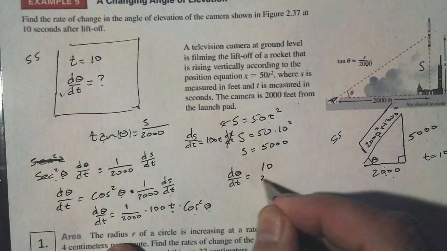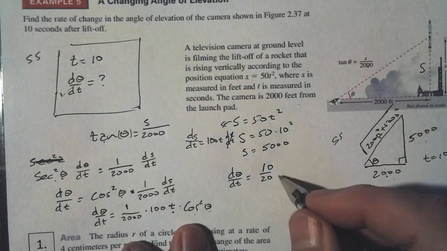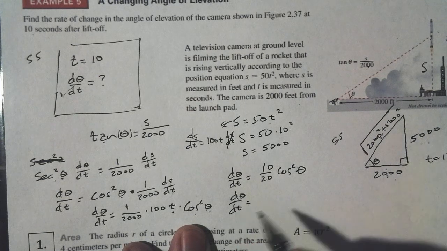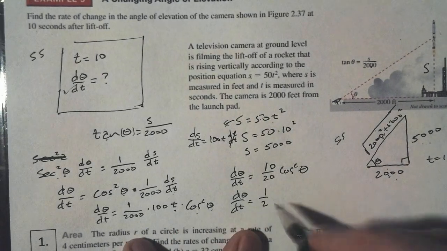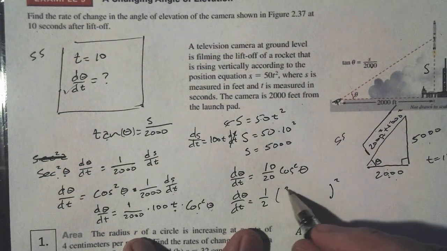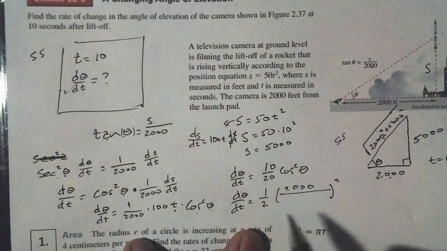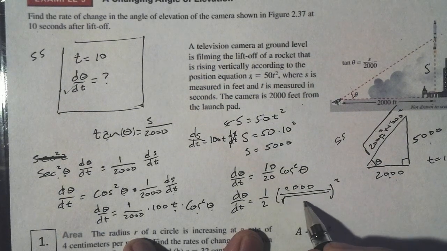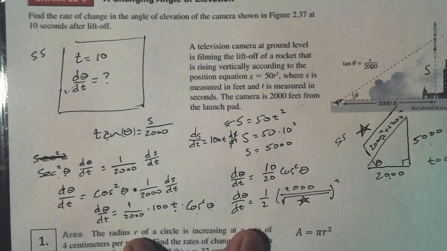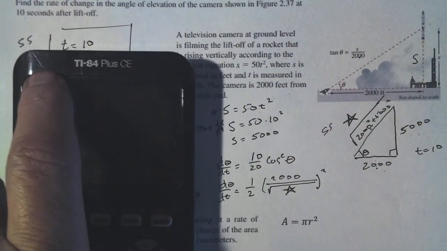T is 10, 10 on 20, cosine squared theta, or d theta dt equals 1/2 times cosine squared, which is 2,000 on that. And this thing might actually simplify out pretty nicely, but I'm going to go ahead and go to the calculator.